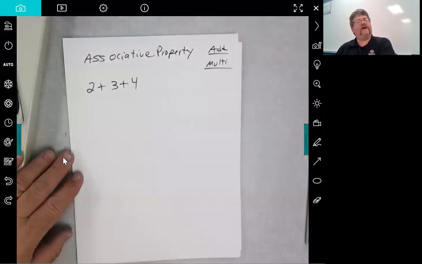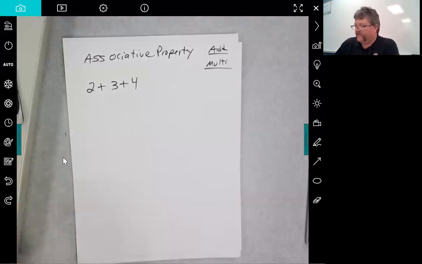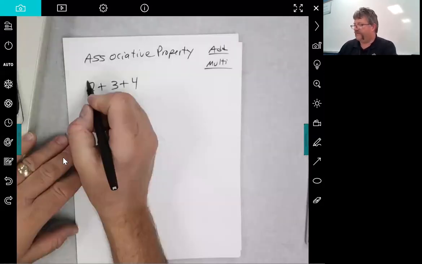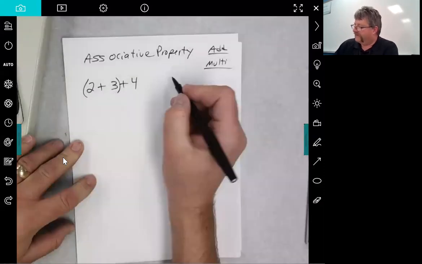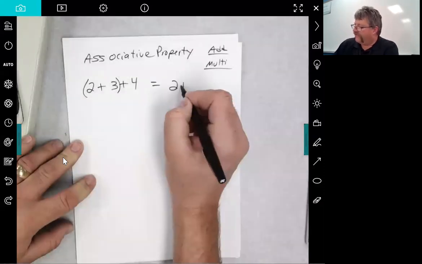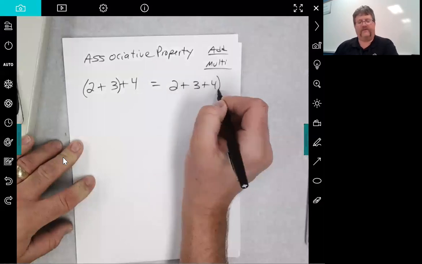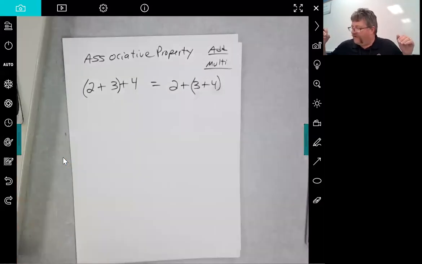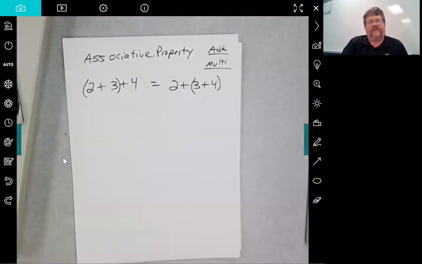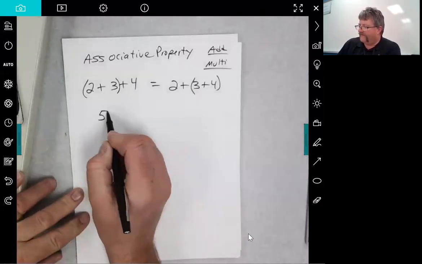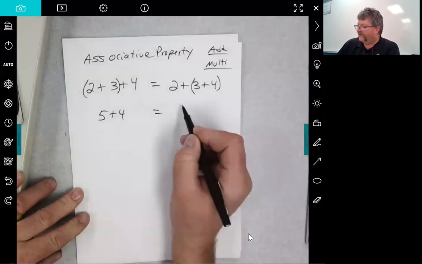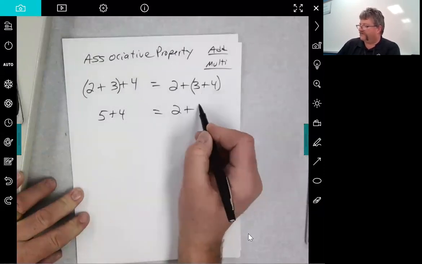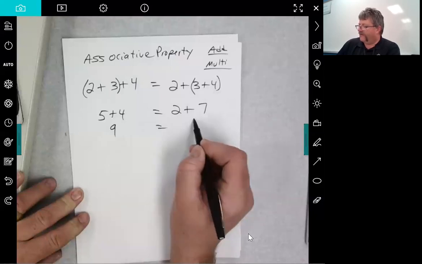If I wanted to group the 2 and the 3 together, or if I would rather group the 3 and the 4 together, the associative property is telling me that these two things are the same. So are they? Let's see. 2 plus 3, that's going to be a 5, plus 4 is 9, and 2 plus 3 plus 4 is 9. Yeah, they look pretty good to me.